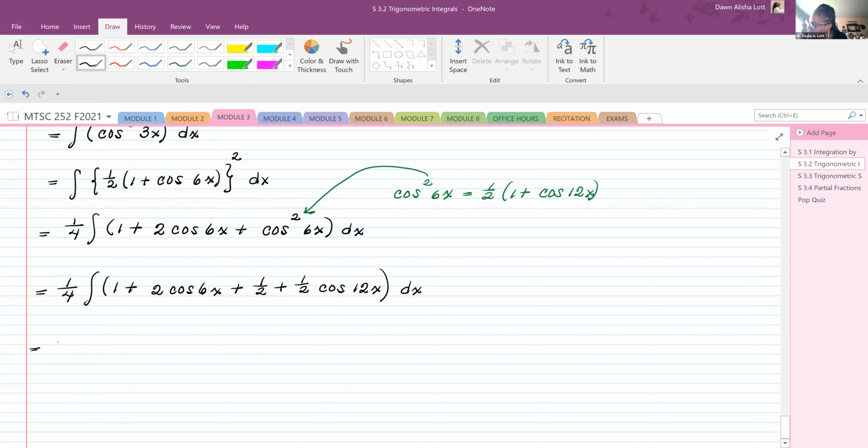So now I still have 1/4, but inside here I have 1/2 plus a half, so that gives me 3/2, 1 plus that, plus 2, the cosine of 6x, plus 1/2 the cosine of 12x dx.